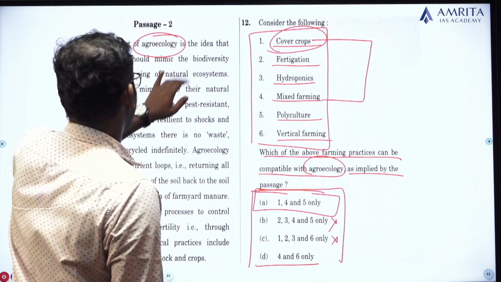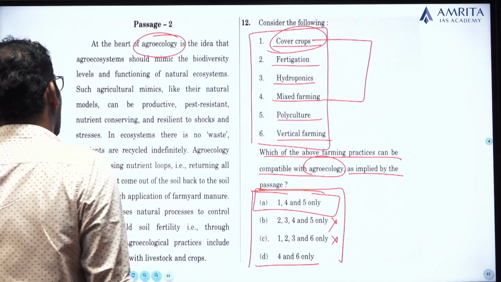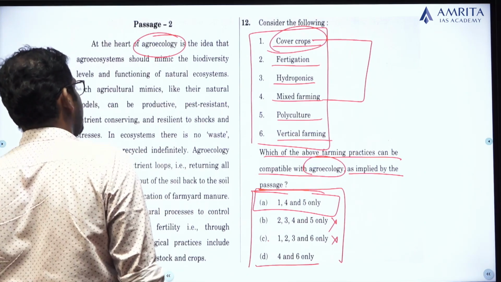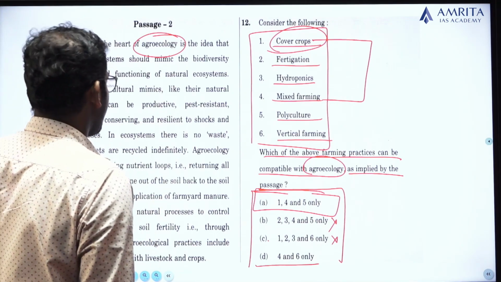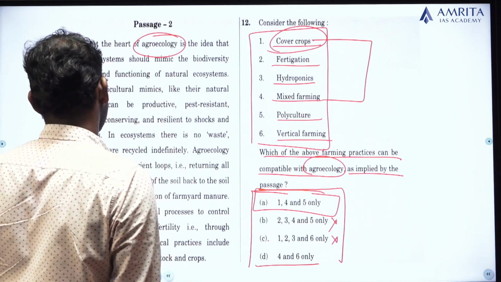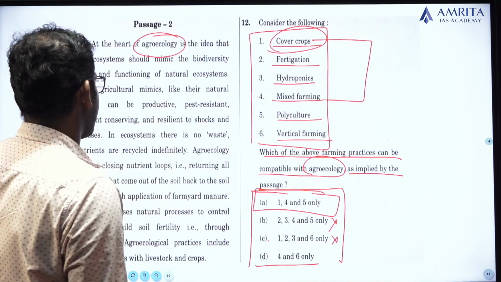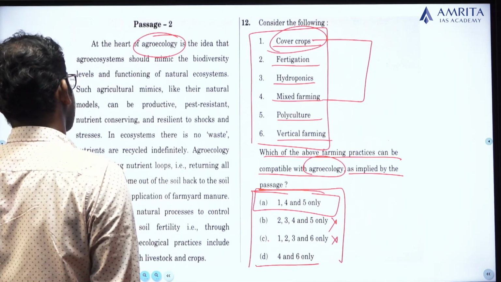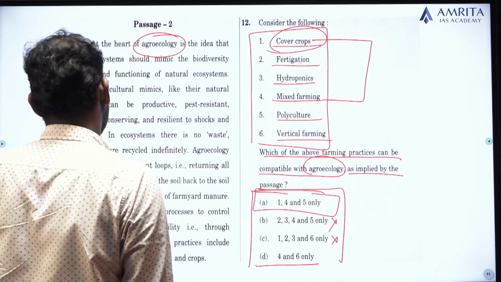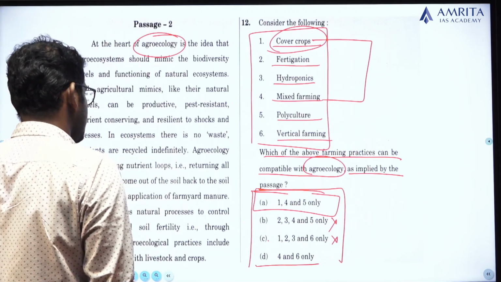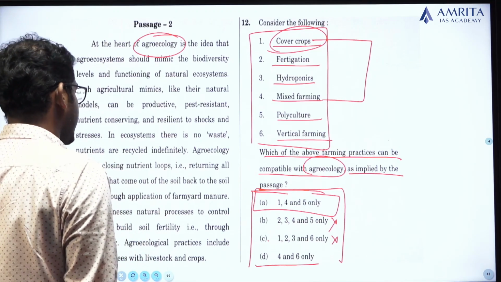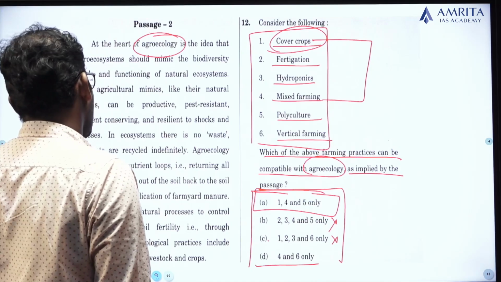At the heart of agroecology is the idea that agroecosystems should mimic the biodiversity levels and functioning of natural ecosystems. Such agricultural mimics, like their natural models, can be productive, pest resistant, nutrient conserving and resilient to shocks and stresses. In ecosystems, there is no waste. Nutrients are recycled indefinitely.